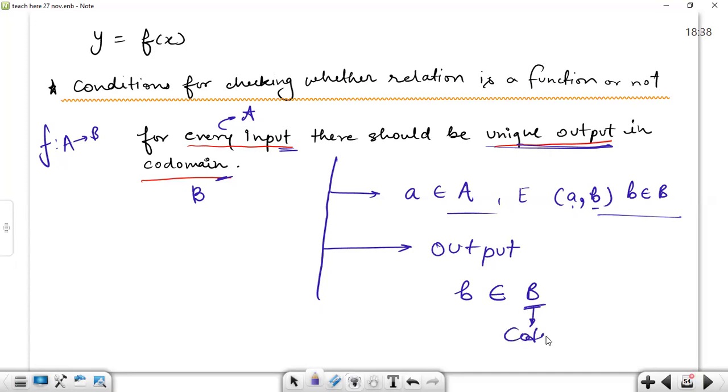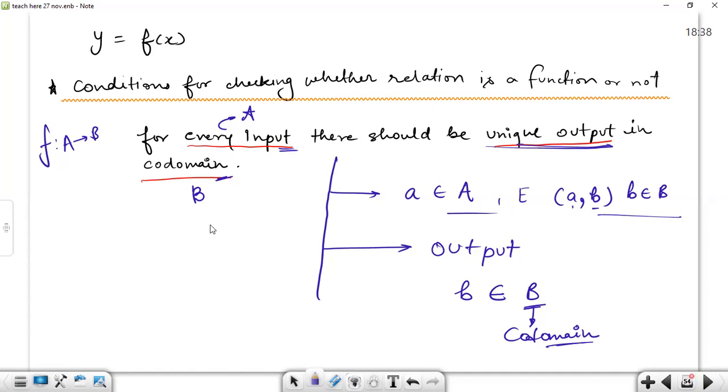Codomain. If we are operating on a certain machine, it will act as per the machine only, na? As per the codomain itself. It will not produce babies. It will not give potatoes. Okay, so that's its codomain. It has to act in a certain manner.